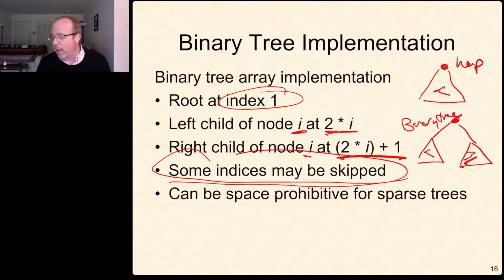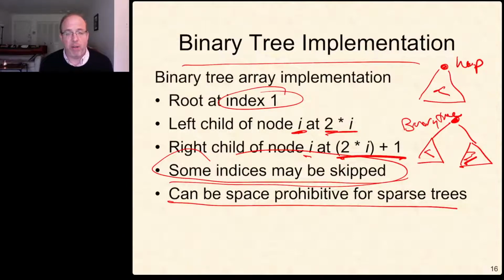And so if we're going to implement a binary tree in an array, it can be very expensive in space if our tree is, quote, sparse. A sparse tree is one where instead of having a complete tree, maybe we have some nodes here, some nodes here, some nodes here. This is a binary tree, but it's very, very sparse because it's not complete.